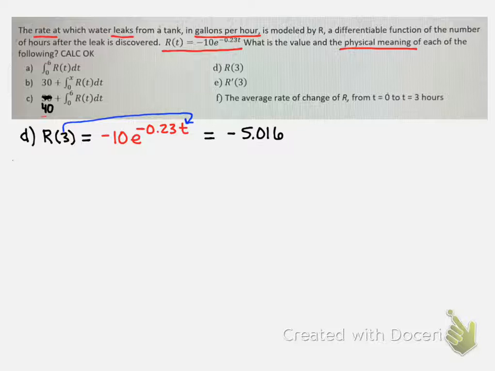Well, because you've been given R as gallons per hour, this is just the rate that water, in this case, is leaking out of the tank. Because we have a negative rate, we are not adding gallons over time, we are subtracting. So this would be the rate that water leaks from the tank.